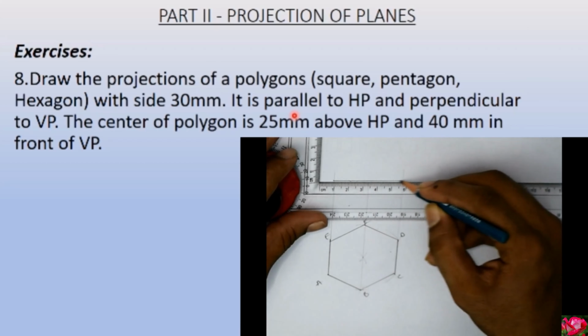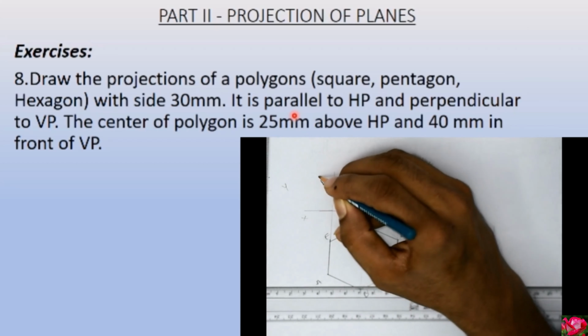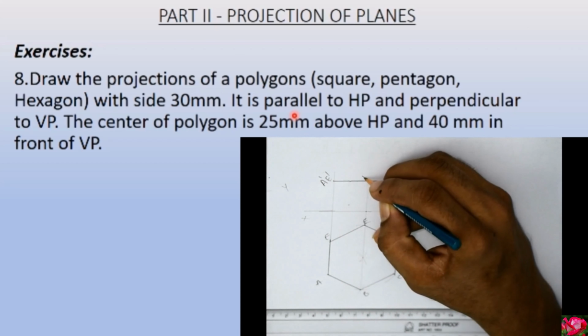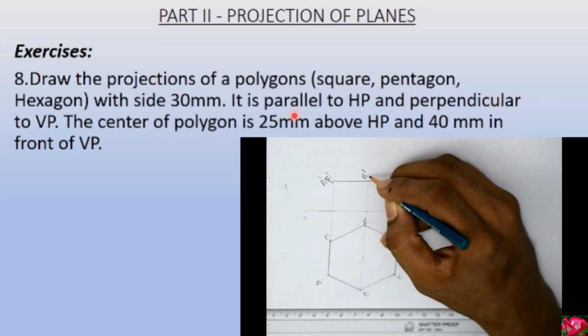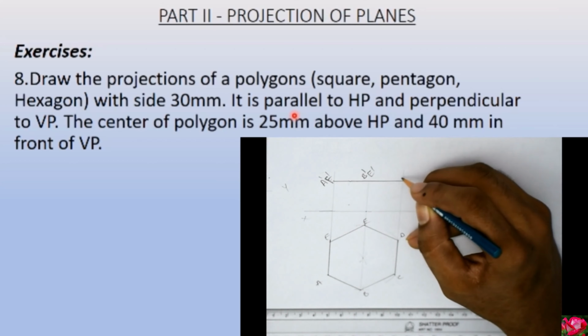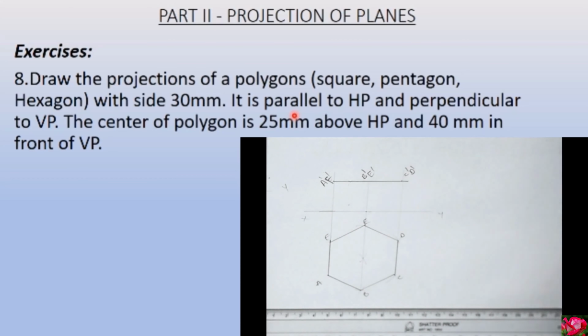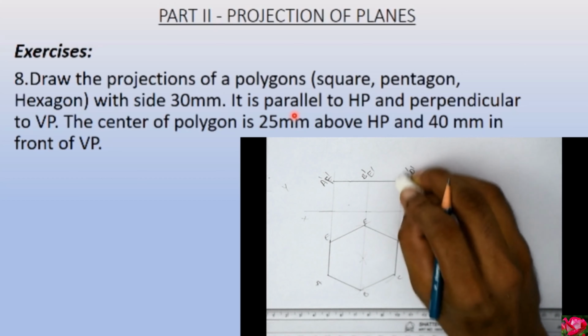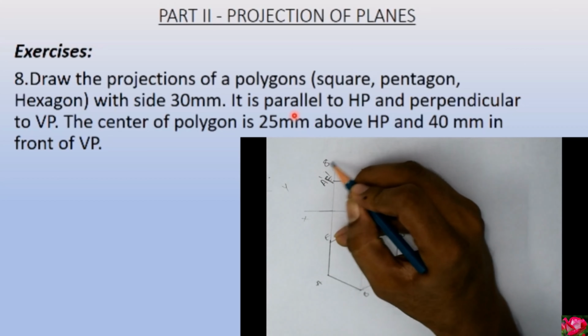So this line is your front view. This is A dash, E dash, this is B dash, F dash, this is C dash, D dash, till this point only. So this is exercise 8C.